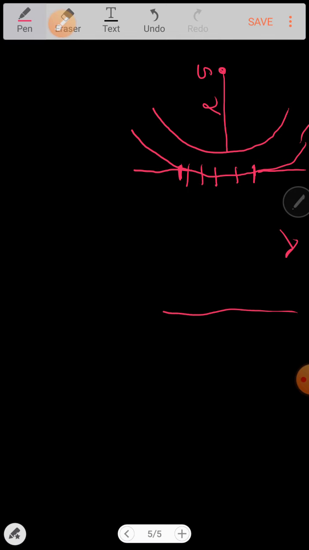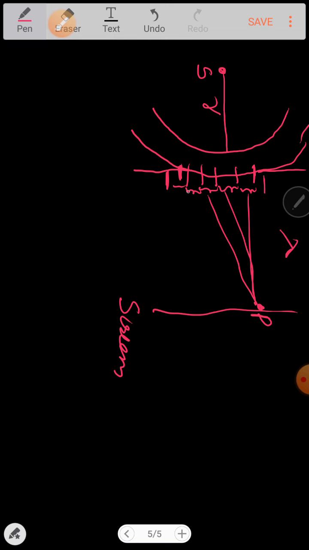And if there is a screen here, and a point P here, light will be coming from this zone, this zone, this zone, and this zone. That will depend upon the size of the aperture, and the different contributions will add up.